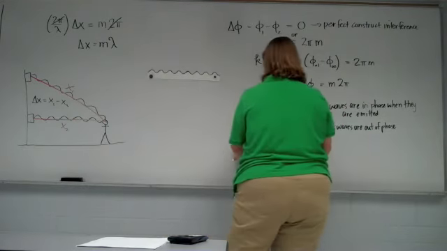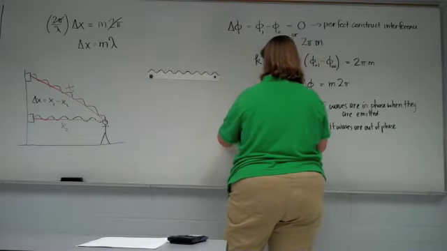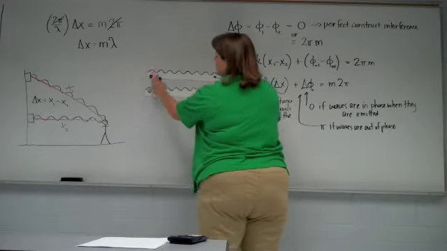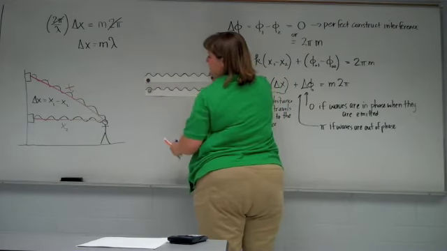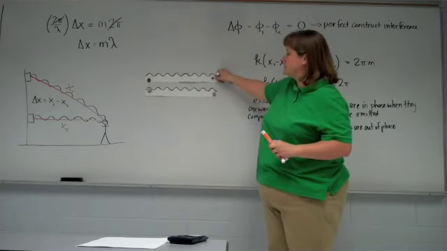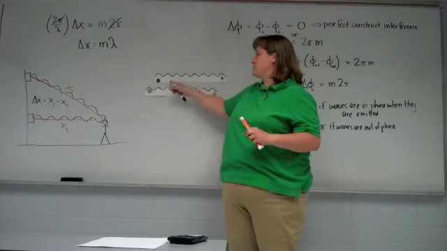We come back to this example. We said these guys can be in phase as long as their peaks line up. So they could line up perfectly like this, or I can shift it down so this peak lines with this peak, and so forth.